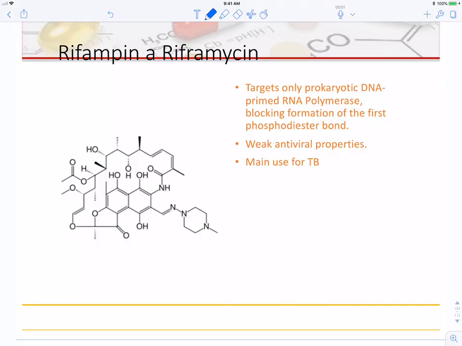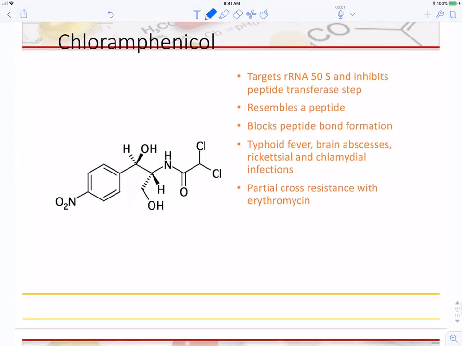It's used mainly for tuberculosis. It's also used against resistant bacteria, and it's a very complicated molecule. Once again, it is not very available synthetically.